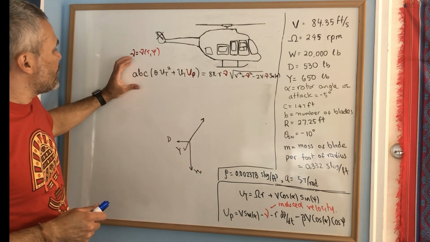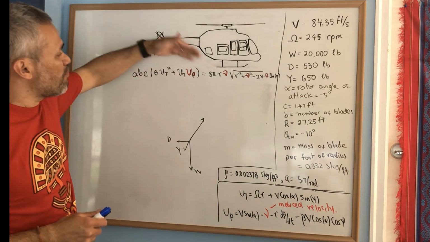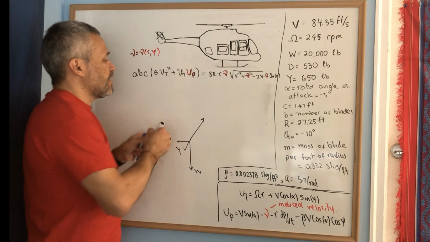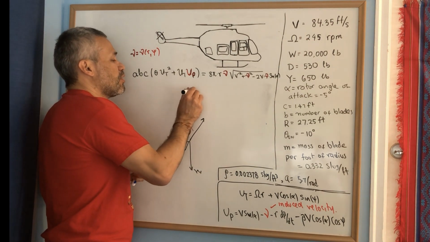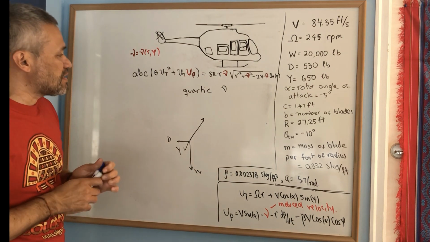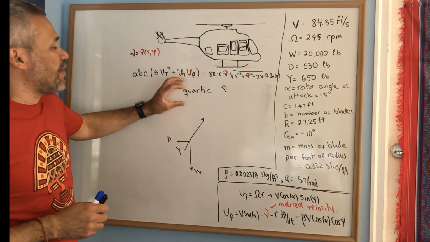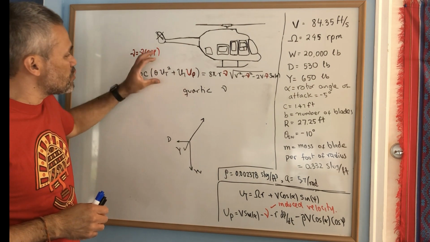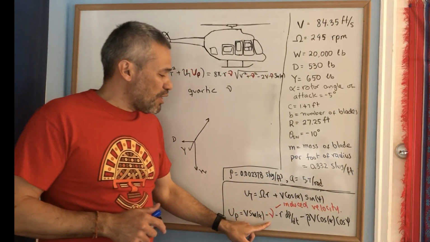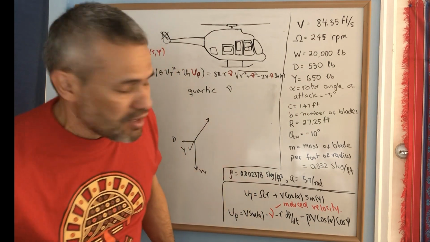And one way to solve this equation is by squaring both parts of the equation, and then we end up with a quartic equation of mu. And then we need to decide which of the potentially 4 solutions of this equation is the one that we want.